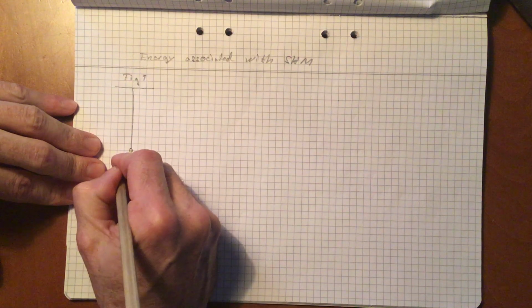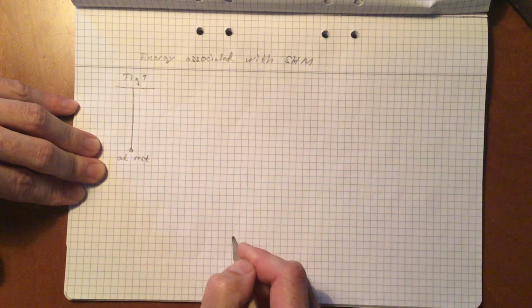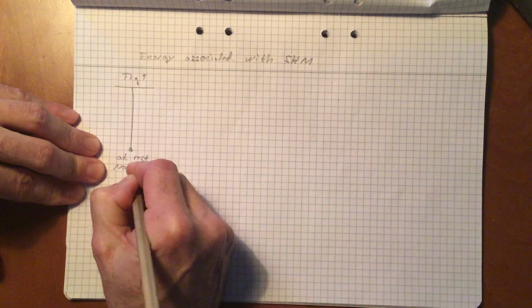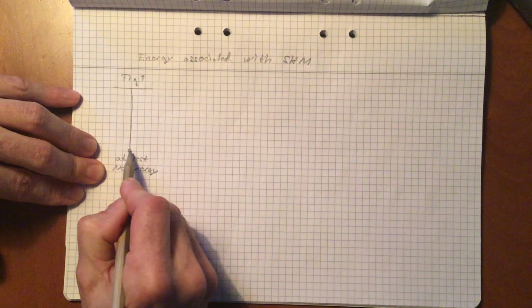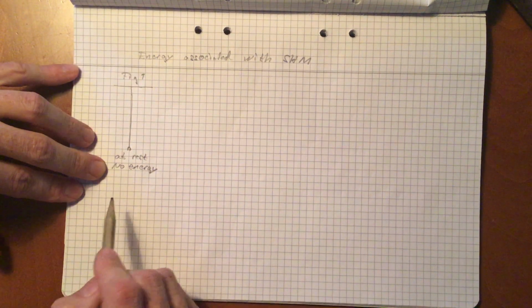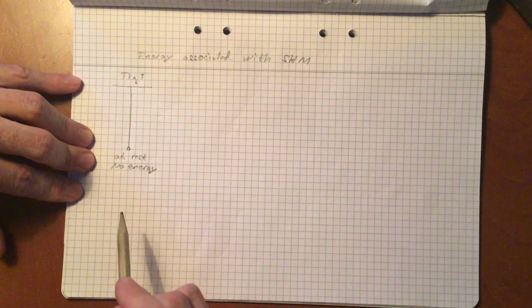Okay, so here it is at rest. So it has no energy. If we say that the potential energy at this height is 0, I can choose it to be, it has no energy there.